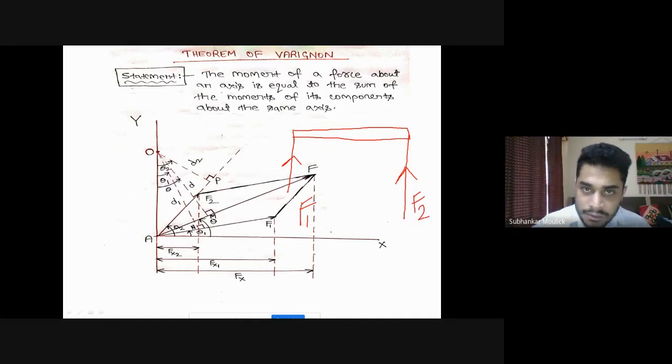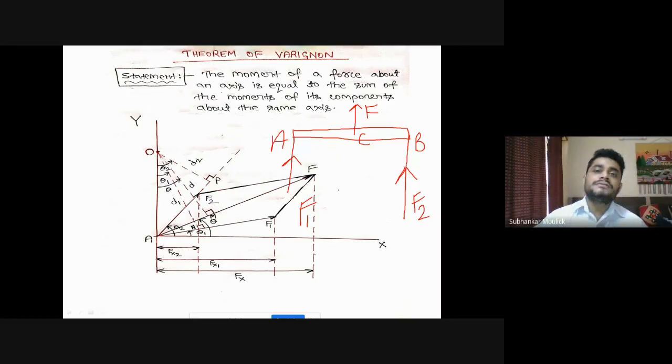Now there will be some resultant of F1 and F2. Assume that resultant is F, and that is acting at this particular point of the body. Say the end points of the body are A and B, and the resultant of F1 and F2 is acting at point C.